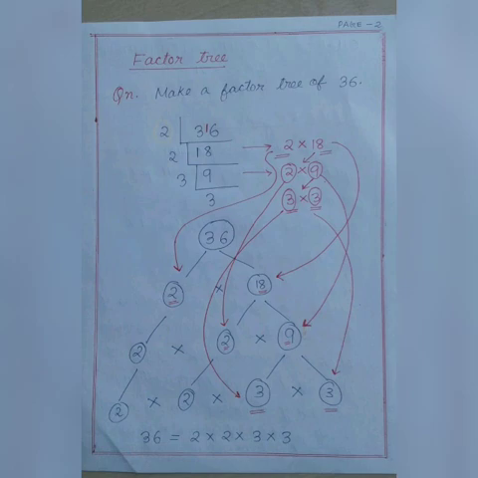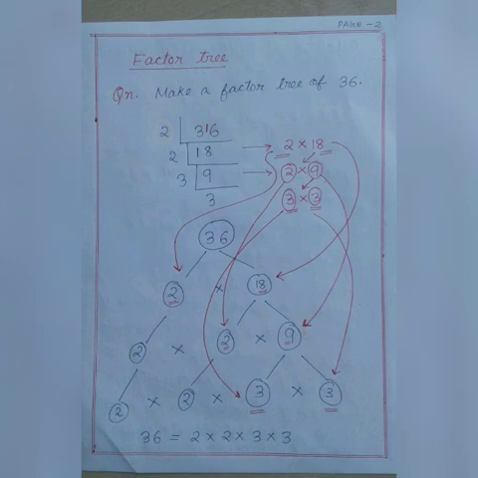36 is divisible by the smallest prime number 2 because the last digit is 6. So we can divide 36 by 2 and we get 18. That means 36 equal to 2 into 18. I have written it on the right side of the page.